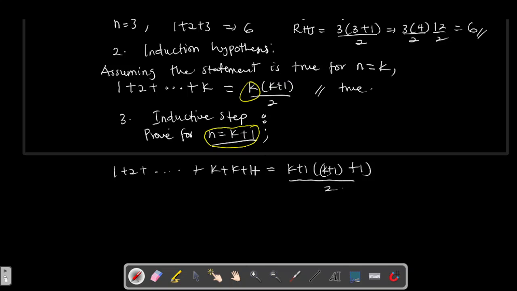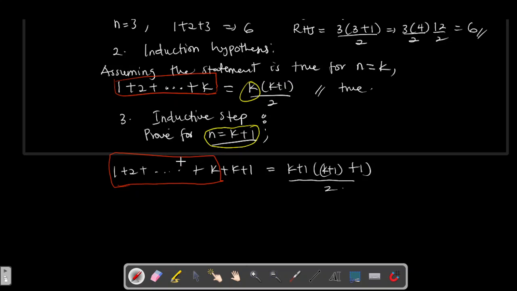Now, in my simplification, you realize that 1 plus 2 plus dot dot dot plus k is my inductive hypothesis. So what I have here is the same thing I have here. And you realize that we accepted that this statement is true and it amounts to this right hand side.